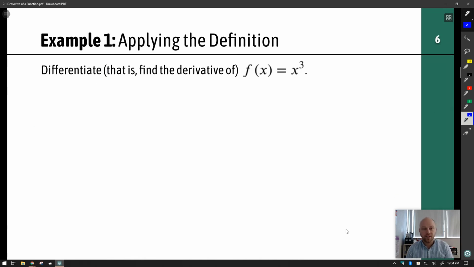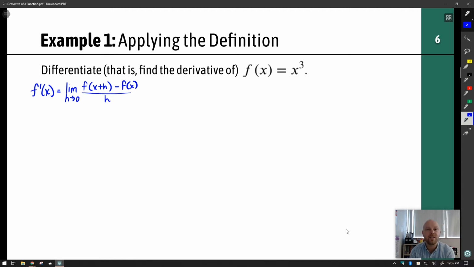Here is a first example for us. We want to differentiate, that is, we want to find the derivative of this function f of x is equal to x cubed. So we get started with f prime of x. That's going to be equal to the limit, as h goes to 0, of course, of f of x plus h minus f of x all over h.